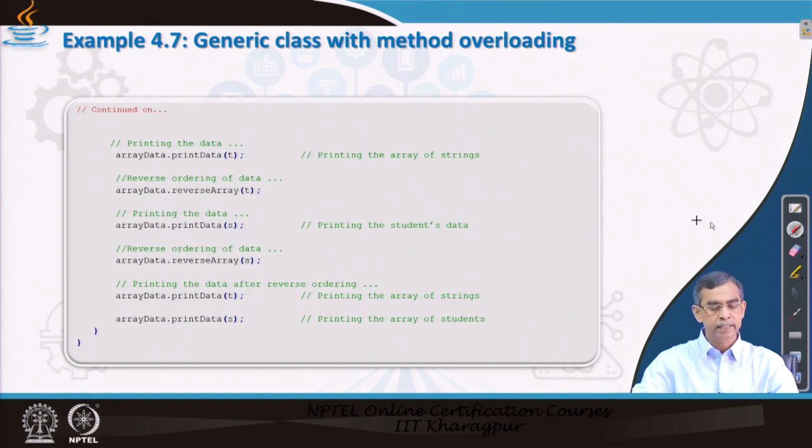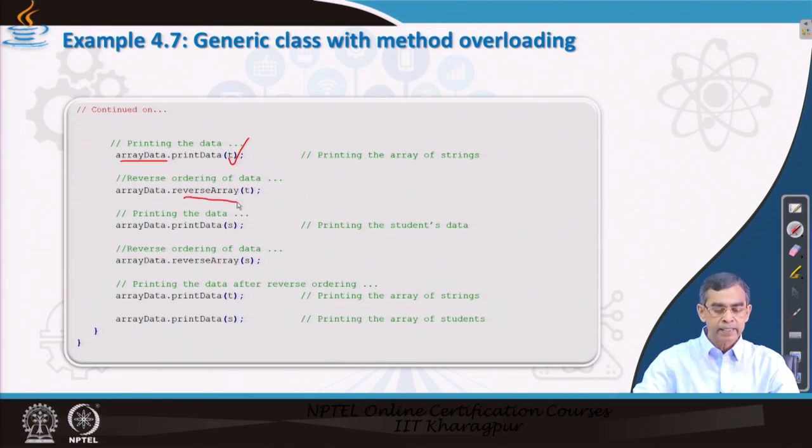Now, in this example, array data is basically your collection with 2 types of arrays, and print data T basically calls the print data method for the type T. So, it will print the elements stored there, the strings.